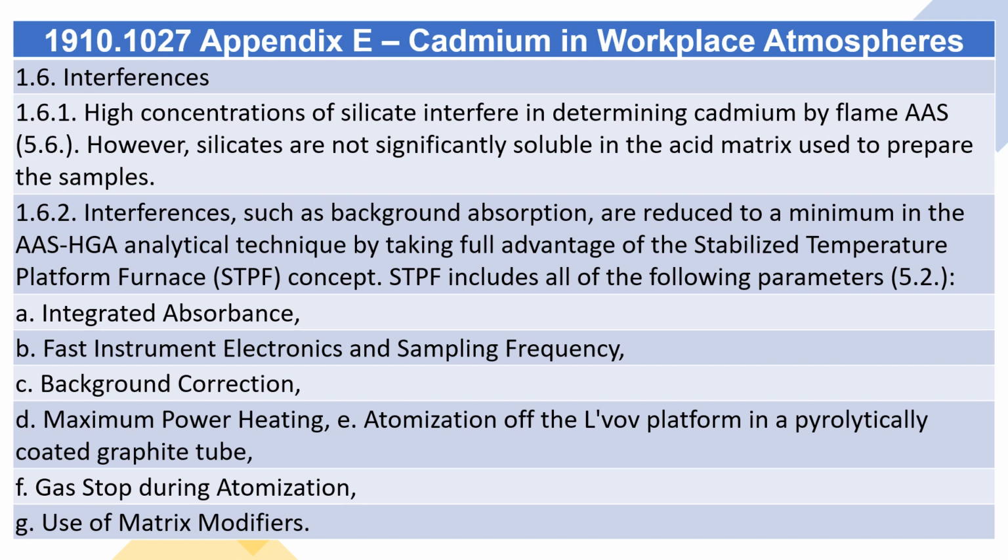STPF includes all of the following parameters: A. Integrated absorbance. B. Fast instrument electronics and sampling frequency. C. Background correction. D. Maximum power heating. E. Atomization off the L'vov platform in a pyrolytically coated graphite tube. F. Gas stop during atomization. G. Use of matrix modifiers.